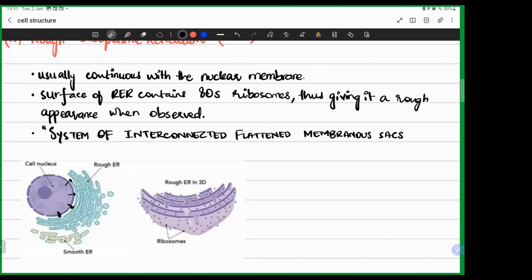So obviously you would prefer the college which is near to your place because it would be easy for you to reach. Same is the case over here. The mRNA can reach this rough endoplasmic reticulum if it is at a distance. It can also reach the freely suspended ribosomes, but it's just easier that as soon as it exits the nuclear pore, it interacts with the ribosomes on the rough endoplasmic reticulum, undergoes translation and forms a polypeptide. Okay, that is why it is usually, not always, but most of the time, continuous with the nuclear membrane.